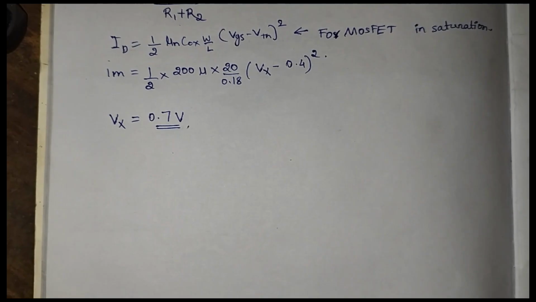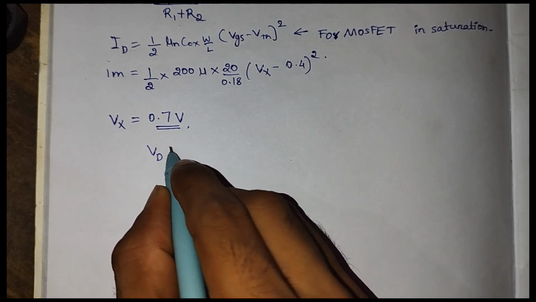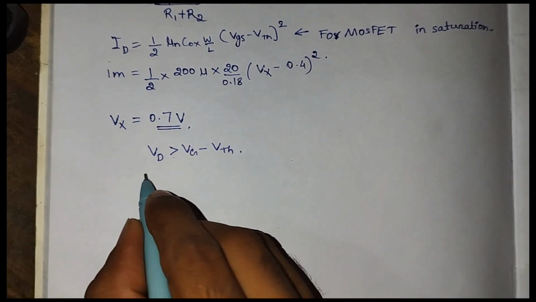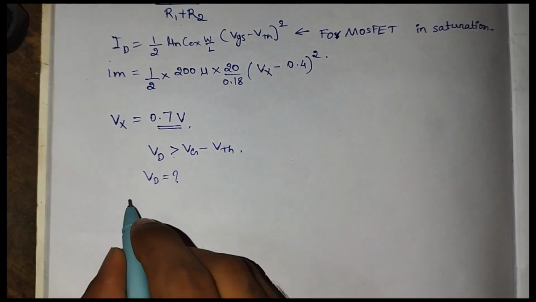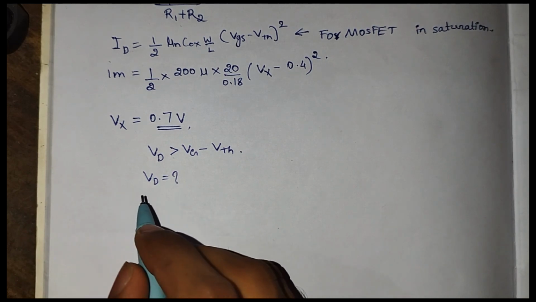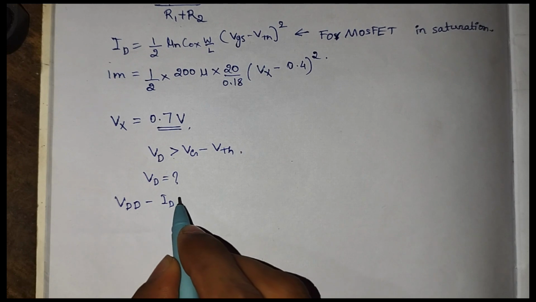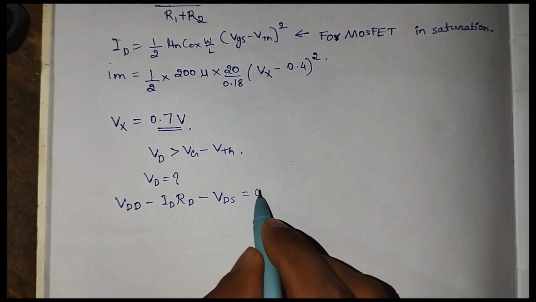For the MOSFET in saturation, we have to ensure that Vd should be greater than Vg minus Vth. So we have to find the Vd value, which can be found by applying KVL to the output loop, that is VDD minus ID RD minus VDS equal to 0.